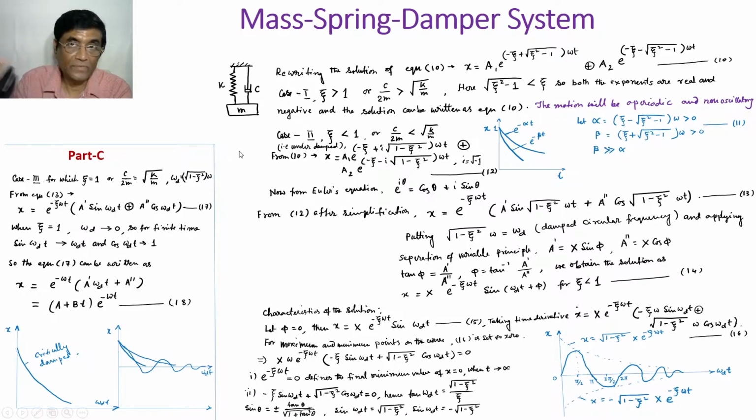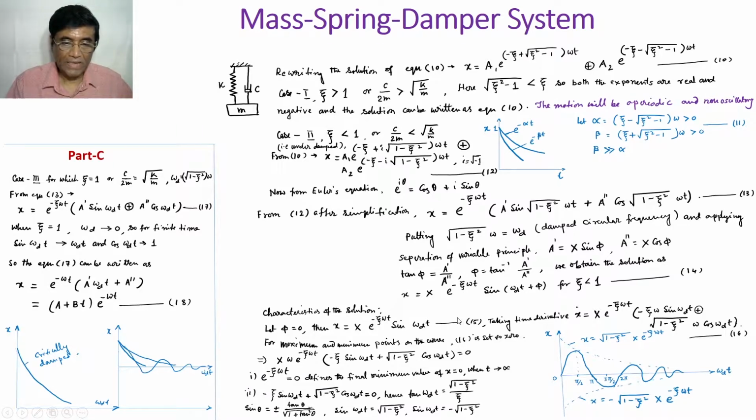You have seen that for an overdamped system there will be no oscillation at all, it will be so damped. Here of course there will be some oscillation. We are trying to consider what that oscillation will be, and we have a general solution like small x equals capital X, this is the amplitude of oscillation, e to the power minus zeta omega t sine of omega d t plus phi, for zeta less than 1.